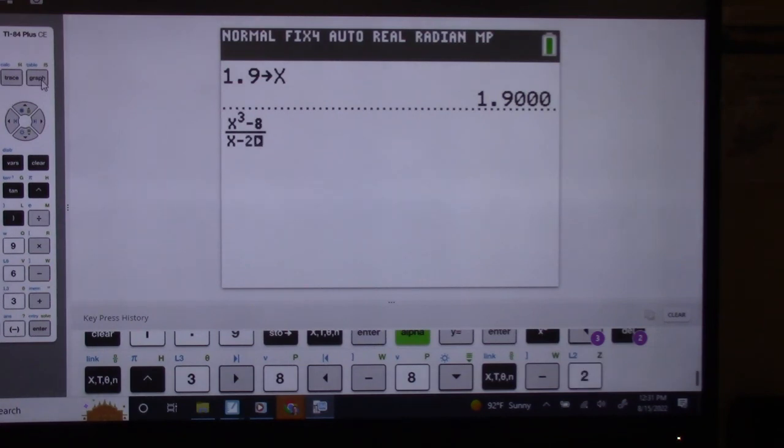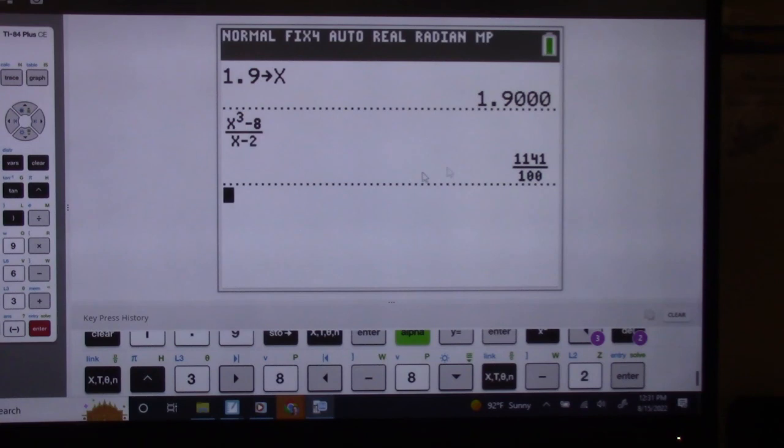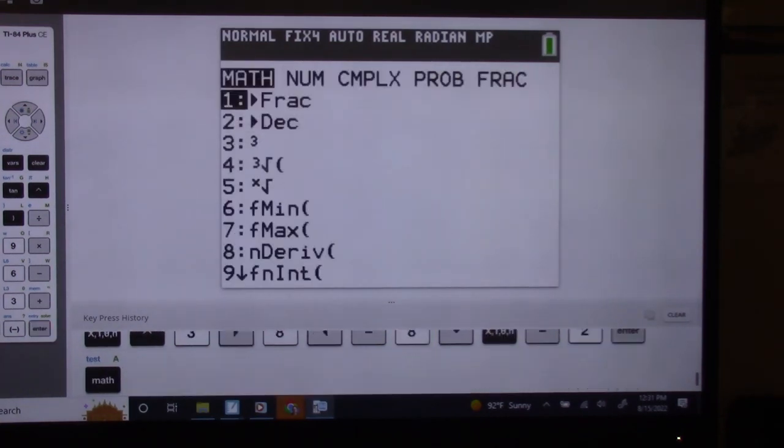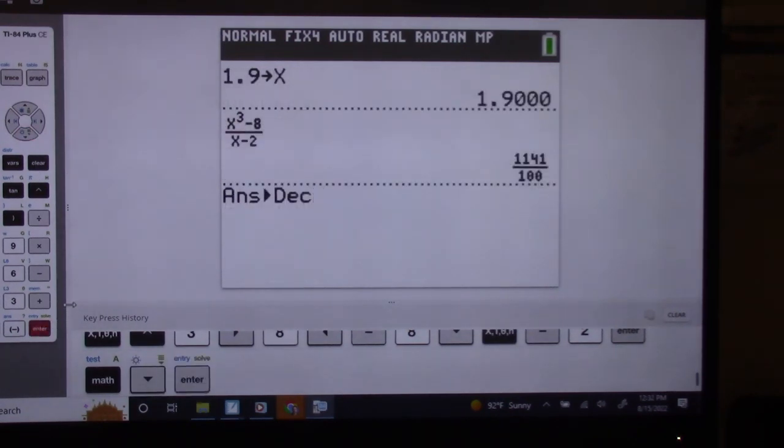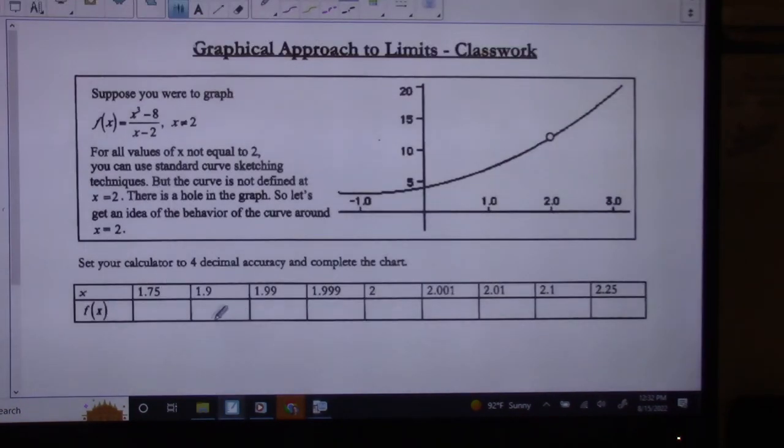And I go ahead and put that in here, and I get that, and then we can get exactly what it is by going to math decimal, right? So 11.4100, so this is going to be 11.41, and then I want you to fill in this table for all those things.